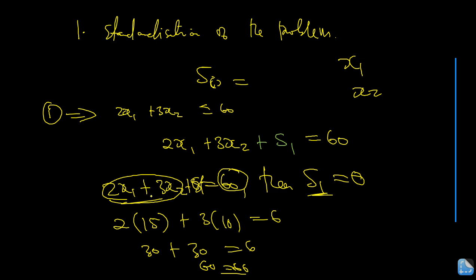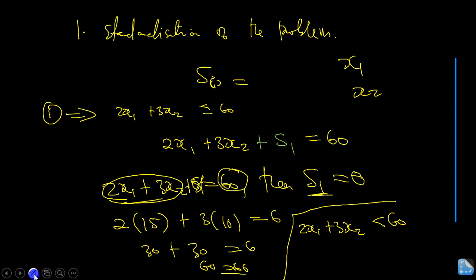Now if you discover that 2x1 plus 3x2 is less than 60, then what we are saying is that s1, your slack variable, is going to equal the difference between the left hand side and the right hand side.